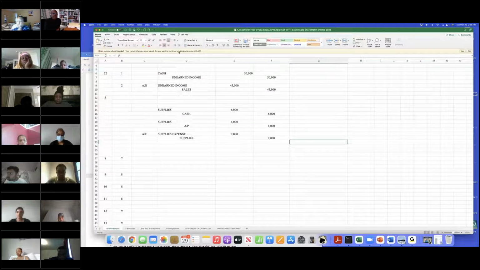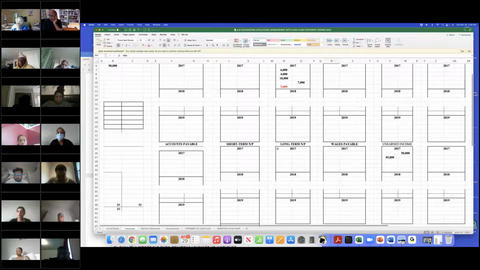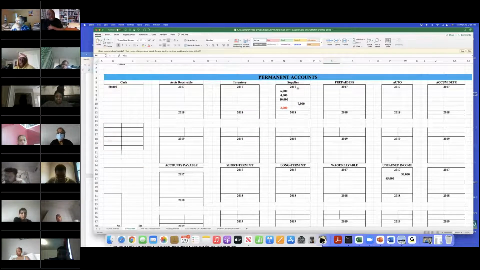On the T accounts, we're in 2017. And remember, your T accounts keep going with the permanent accounts. 6 and 4 is what we brought. So we had a total of 10. We only got 3 left.